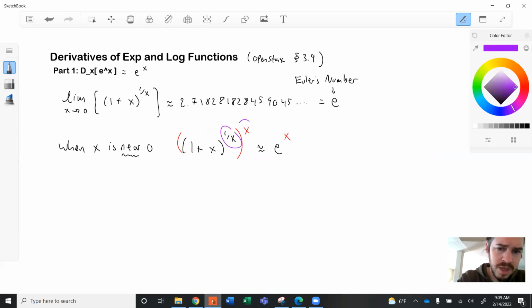The 1 over x and the x multiply together. When you take an exponential expression and raise it to another power, you can multiply the powers together. That's one of our rules for working with exponents. So 1 over x times x equals 1, those cancel each other out. So the result is 1 plus x is approximately the same as e to the power x when x is near 0. I can actually write that over here.